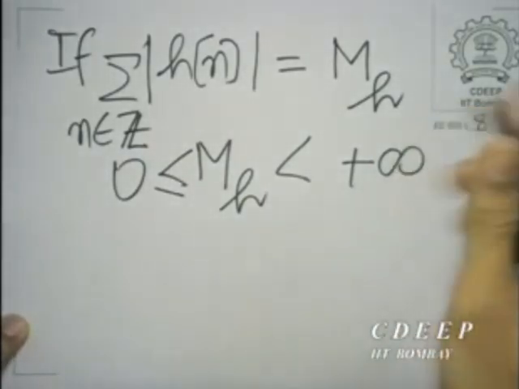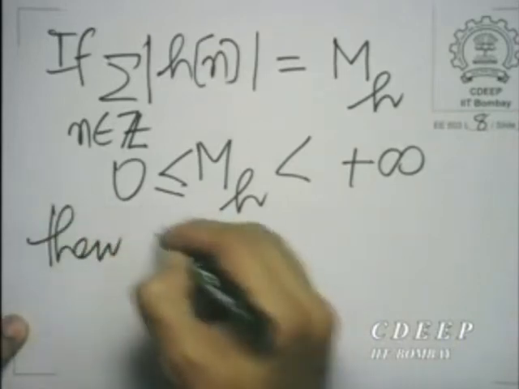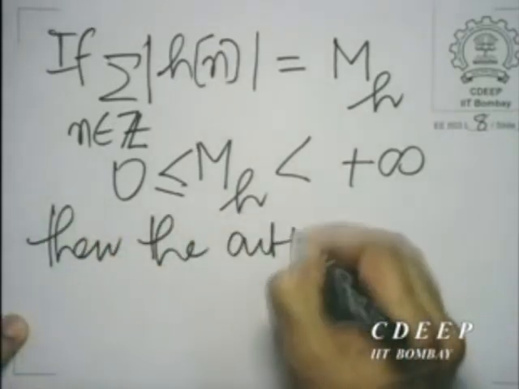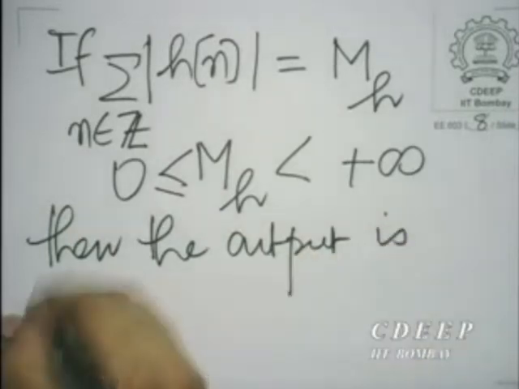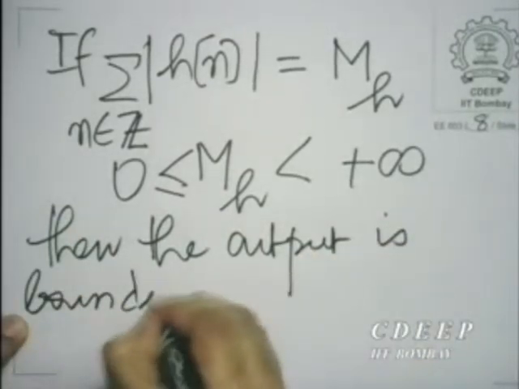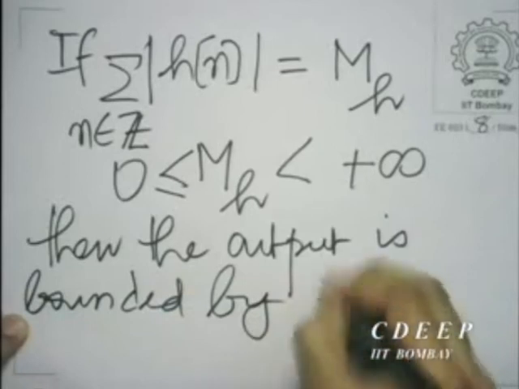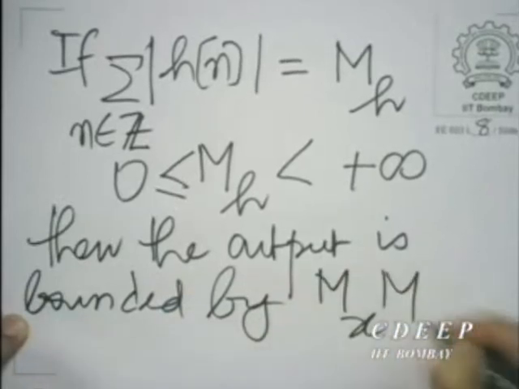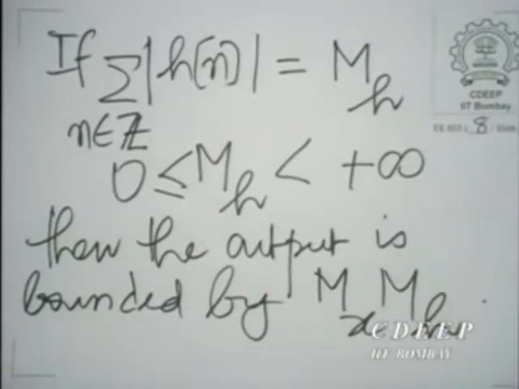If the summation is mh, then the output is bounded. Not only is the output bounded, we know a bound on the output. The output is bounded by mx times mh. That is very interesting. So we said we have a constructive conclusion here, not just an existential conclusion.